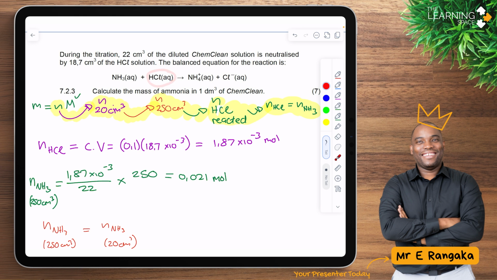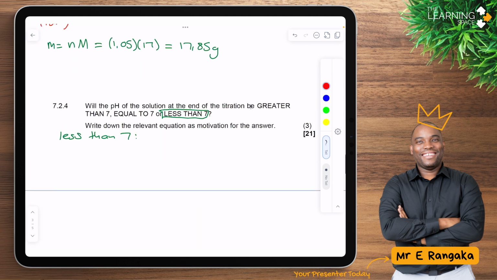HCl is a strong acid. The strong acid has a weak conjugate base. The weak conjugate base doesn't react again with water. So HCl's conjugate base is chloride ion. It doesn't react with the water again to change the pH. However, ammonia is a weak base, which is going to have a strong conjugate acid, being ammonium. So when ammonium reacts with water, it will change the pH, and that's the equation they're looking for.